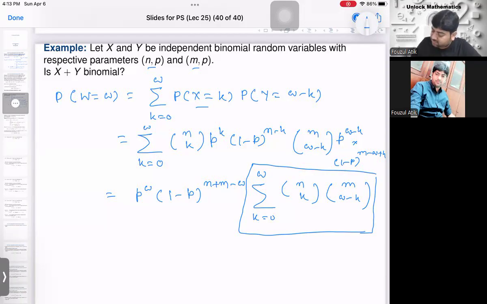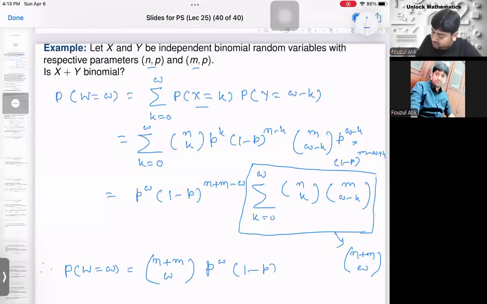So if I put that value, P of W equal to w is equal to (n plus m)Cw p to the power w (1 minus p) to the power n plus m minus w.